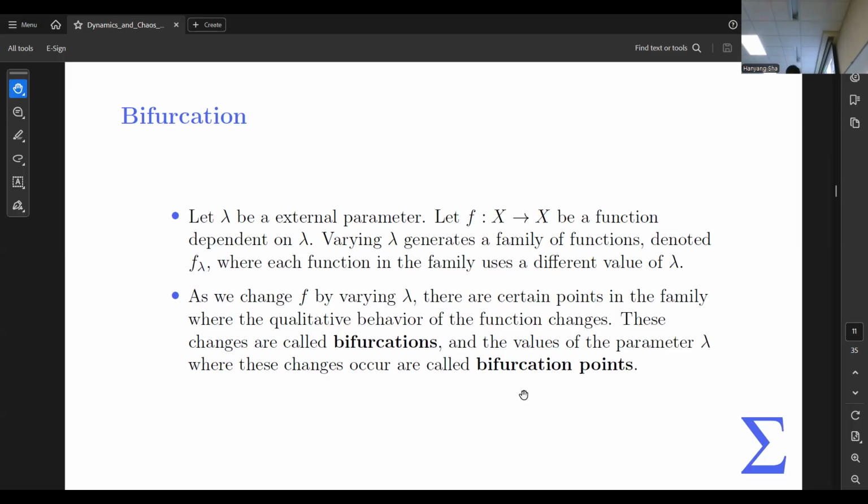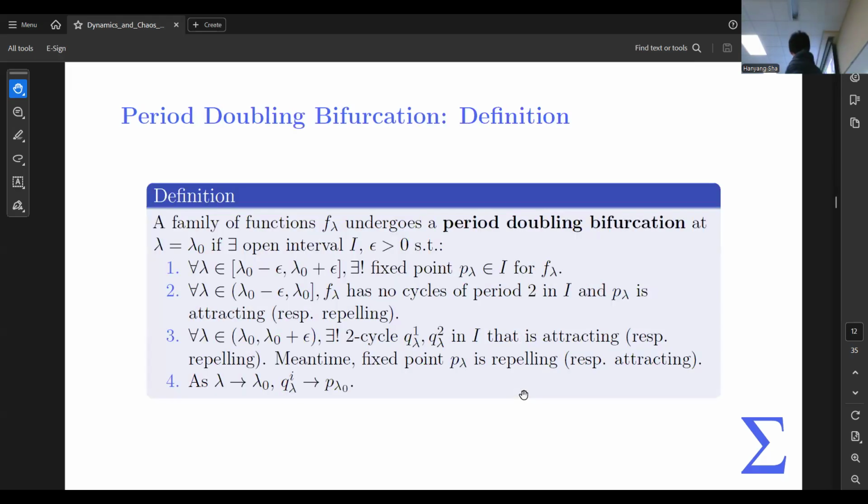So let's see a specific example of a bifurcation, called a period doubling bifurcation. What this means is that originally you have an attracting fixed point somewhere. And then at this value of lambda, this splits into two attracting fixed points of period 2.